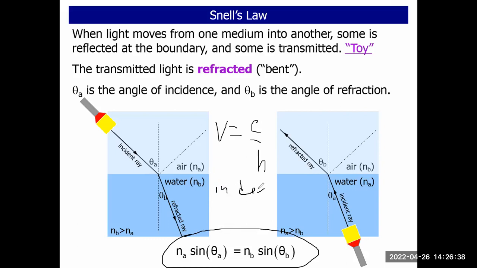Para malaman natin kung ilang angle yung nakuha natin mula sa incident ray patungo dito, ito yung ating formula: n_A times sine angle A is equivalent to n_B sine angle B. Tatandaan yung formula. Okay?